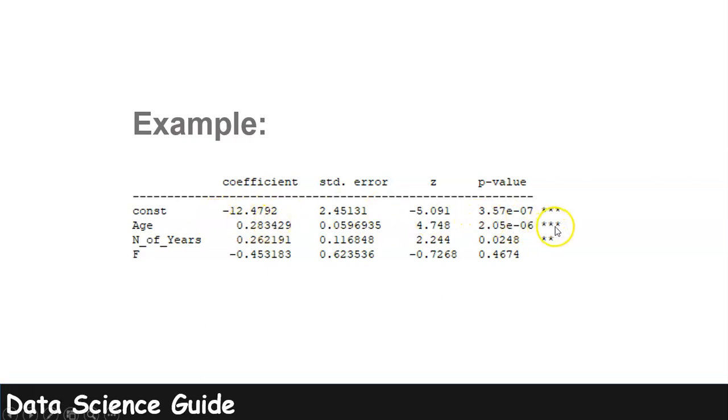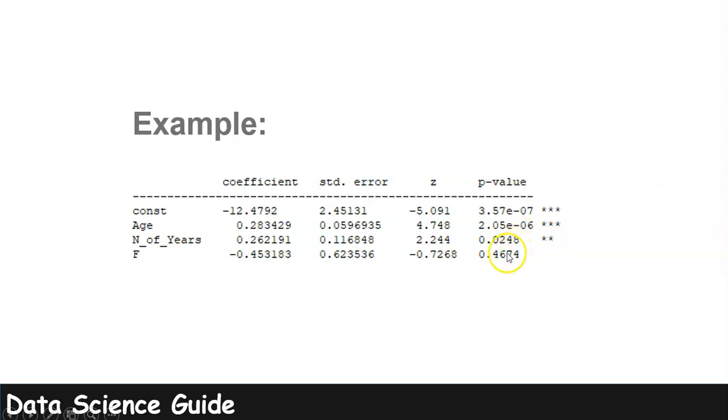And we got 3 stars here. That means in this software, this value is very significant. And the number of years here also, it's 0.02. So it is still less than 0.05, and that means this is significant also.